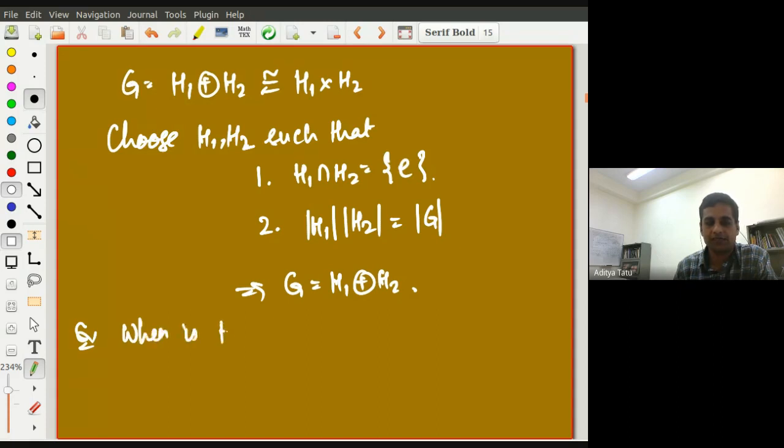When is H1 plus H2 plus so on up to Hn equal to the direct sum?